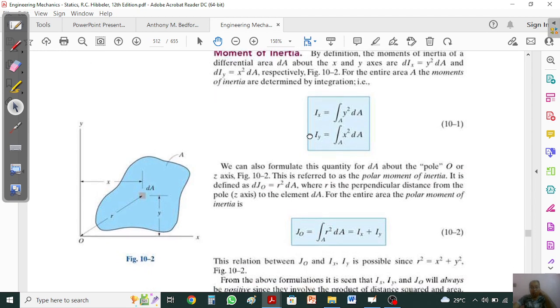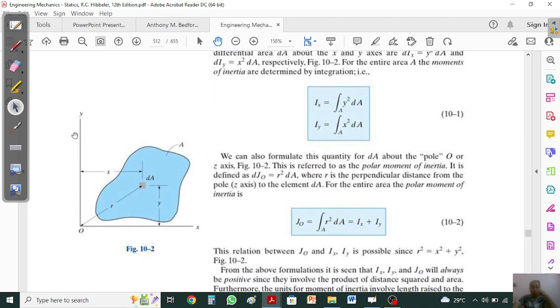You must remember how this is taken in a cross section. Here we have the two axes x and y, and an arbitrary shaped body. There we take a differential element dA. The perpendicular distance of the differential element from the x-axis is y, and its horizontal distance from the y-axis is x. For this arbitrary cross section, because it is not a perfect geometry, we use an integral sign.